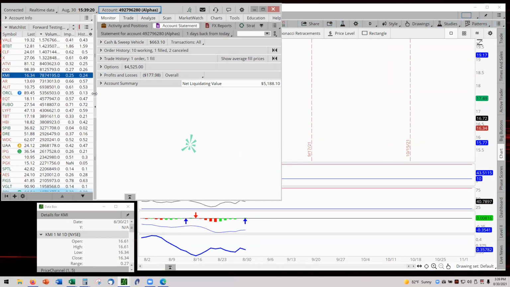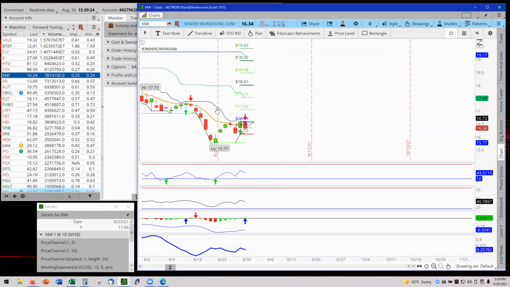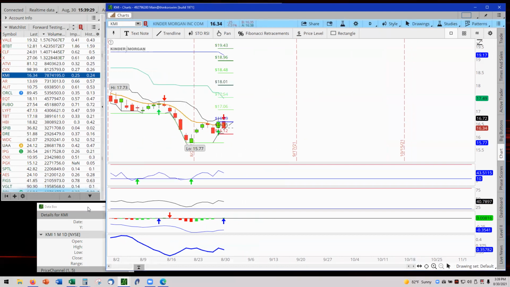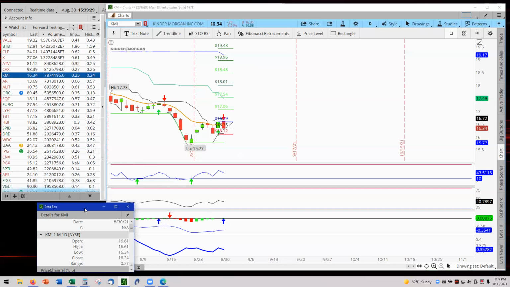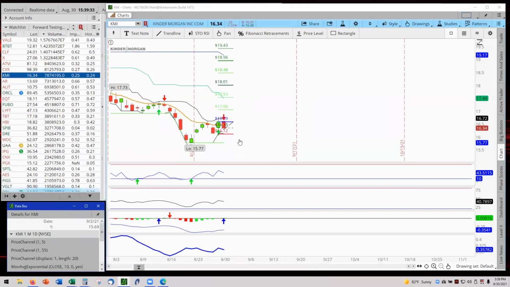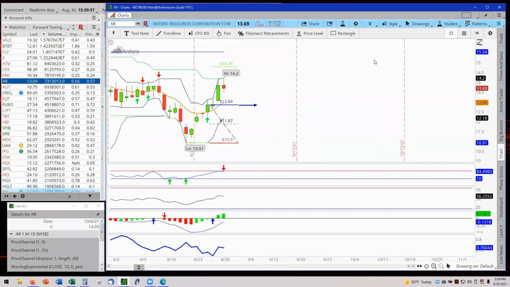There we go. That doesn't look so tight. Yes. Okay, now that works. And then we can get more real estate here, and we'll keep our data box down here just in case we have to check something. All right, Kim, triggered, but is not out in the zone, and now we'll pin it here.